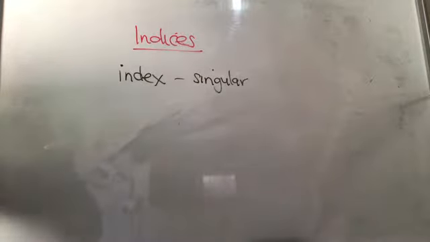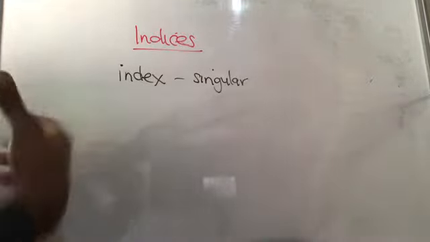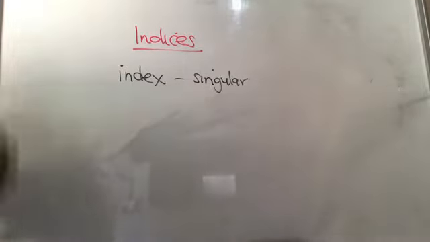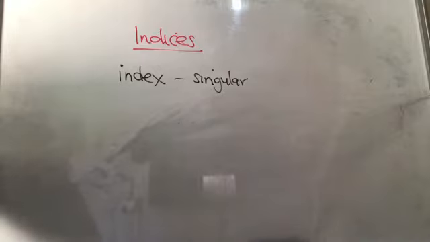So this word indices simply means these indexes are now many, and now they are called indices. Just like when you want to say a bag, now if there are many, they are bags. If you want to say a boy, that is singular, then when there are many, they are boys. Basic English. A girl, then when there are many, it's girls. That's the same thing with indices.